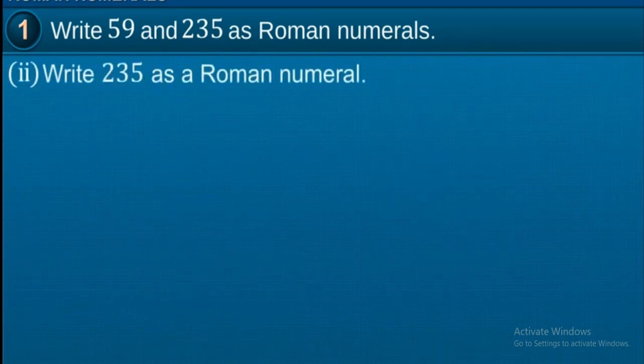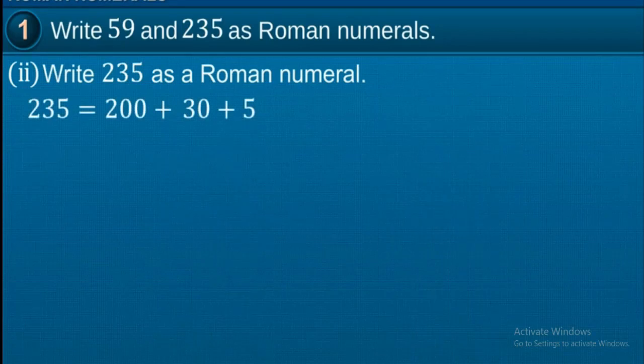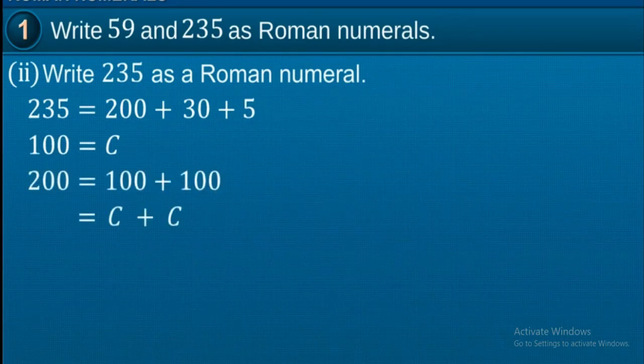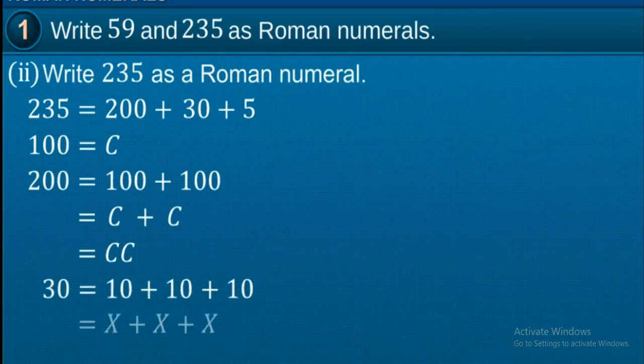Write 235 as a Roman numeral. 235 is equal to the sum of 200 and 30 and 5. The Roman numeral for 100 is C. Therefore, 200 would be CC. The Roman numeral for 30 is XXX.